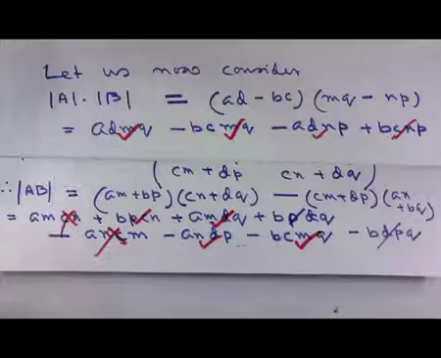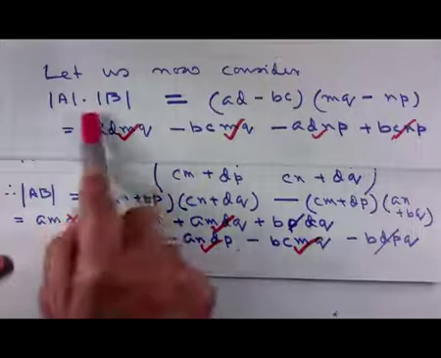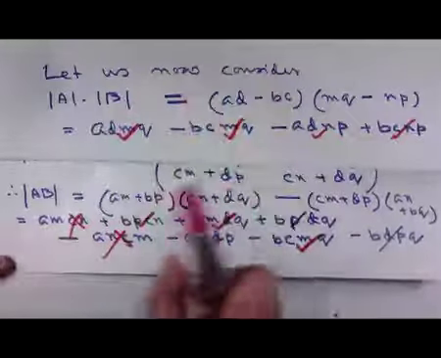Therefore, we get determinant of A B is equal to the product of the determinants of A and B.